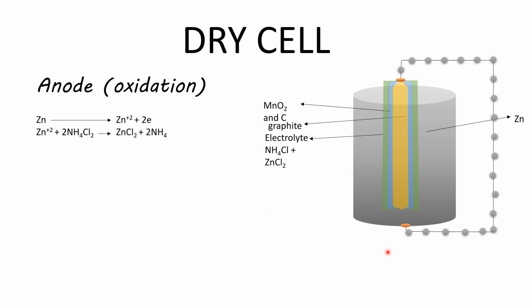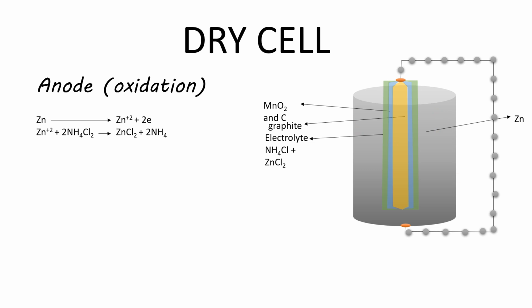When this zinc ion is in the aqueous solution, it will react with NH4Cl. By reacting with NH4Cl, it will become zinc chloride plus 2 moles of NH4, including 2 electrons. This will be the reaction of the anode side.